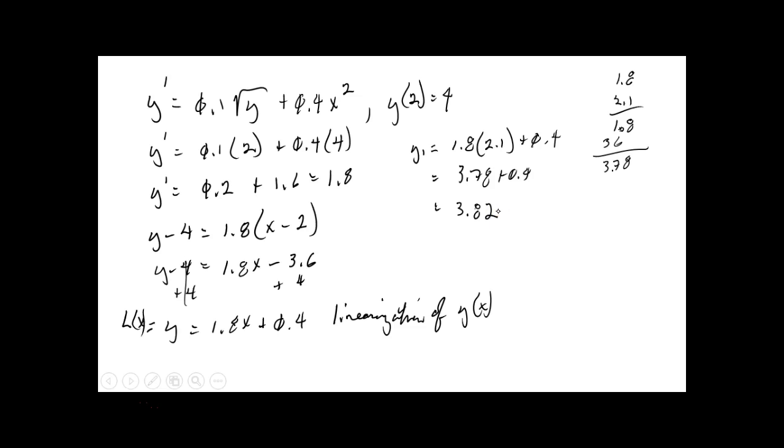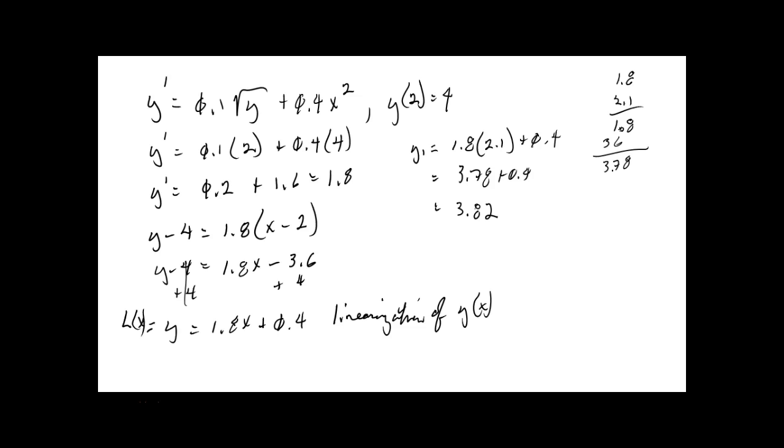Okay, that's our next one. The first one was, we knew it was 4. This is not going in the right direction. I must have messed up my multiplication here.